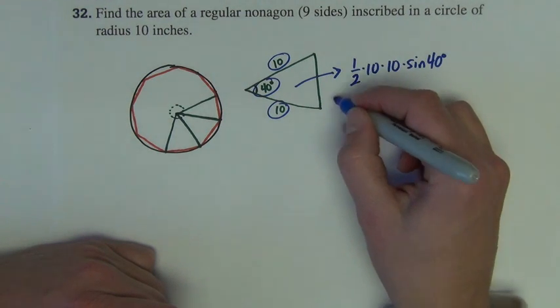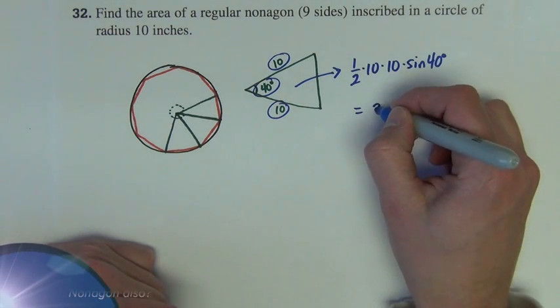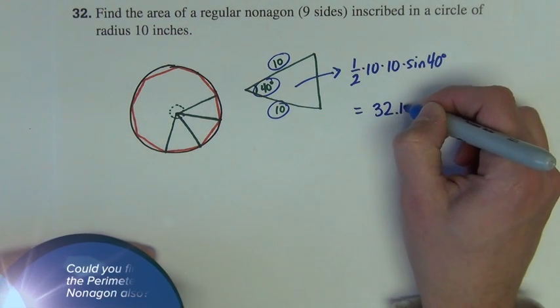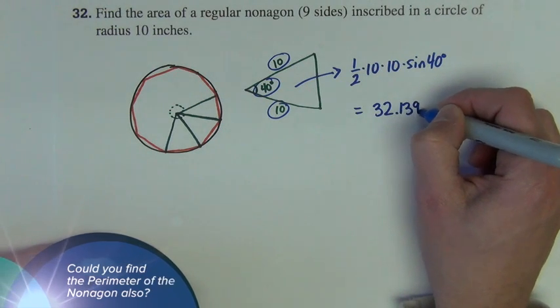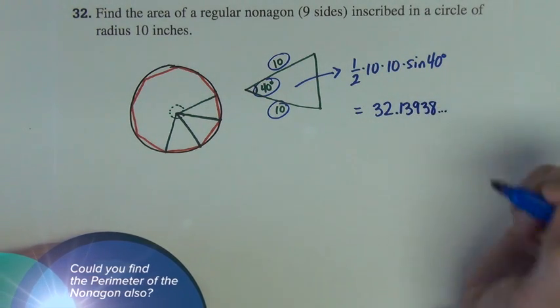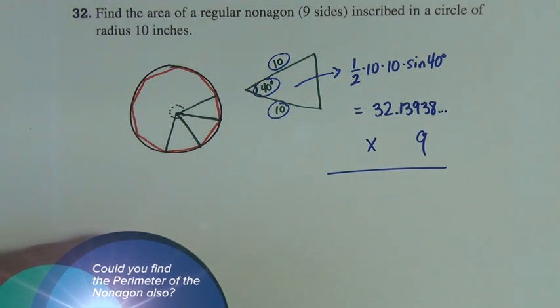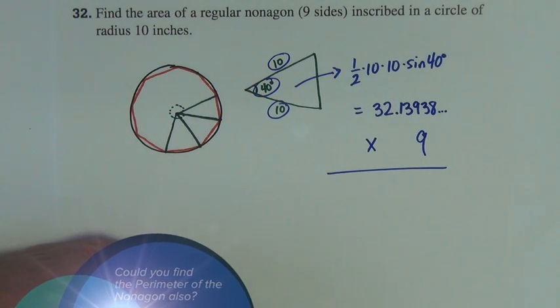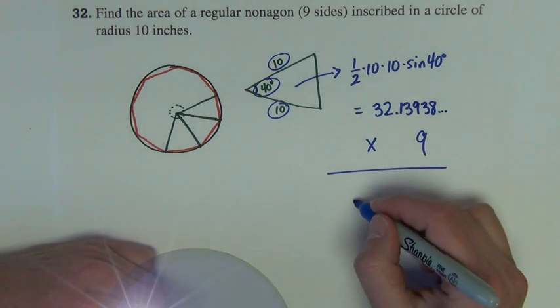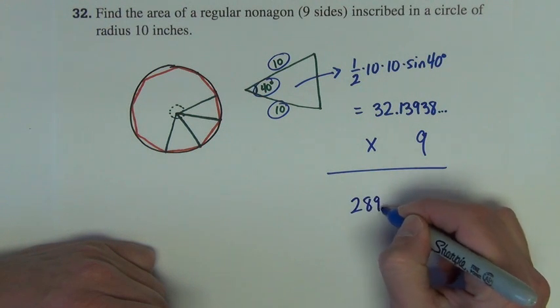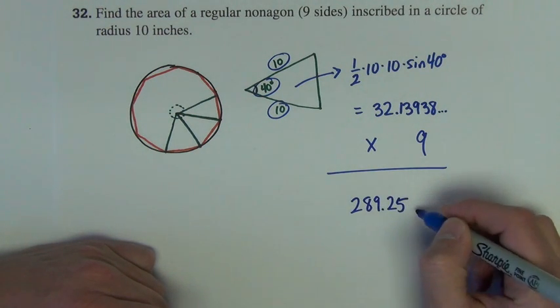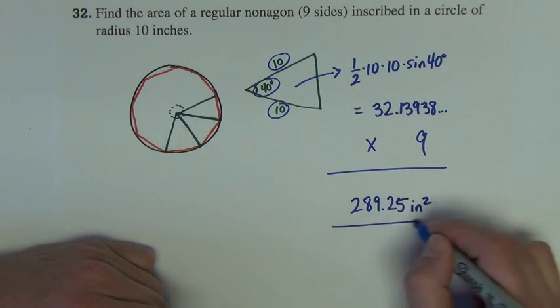Okay, so the area of this triangle is equal to 32.13938, etc. There are 9 of these triangles. So the area of this regular nonagon is 289.25 inches squared.